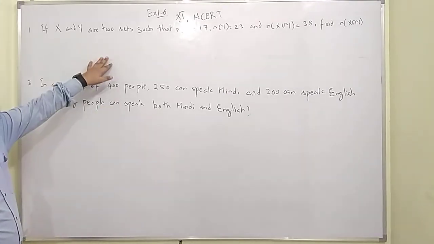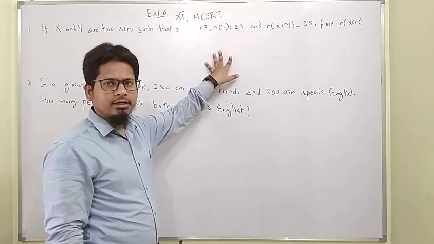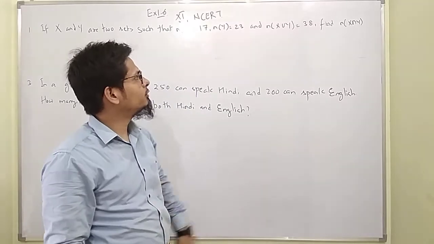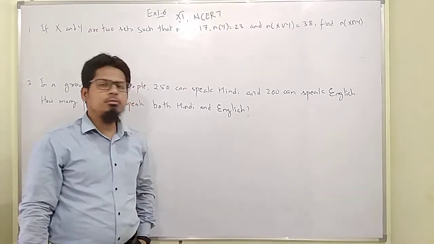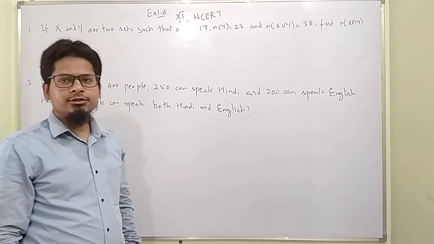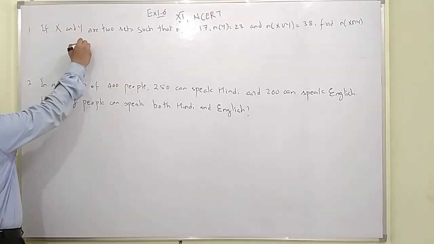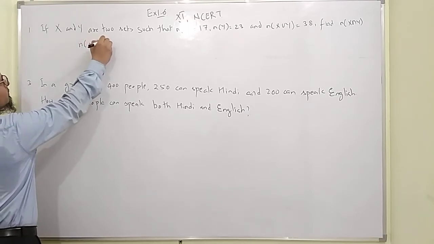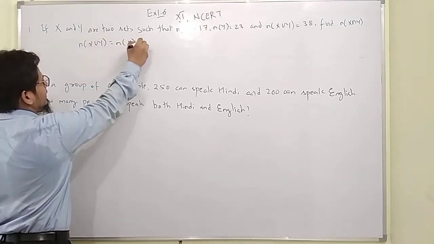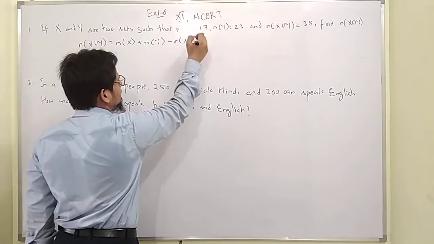Class, question number 1. It's a very simple problem. There are two sets X and Y. n(X) is 17 and n(Y) is 23, and n(X union Y) is 38. We have to find n(X intersection Y). Just write the result here: n(X union Y) is equal to n(X) plus n(Y) minus n(X intersection Y).